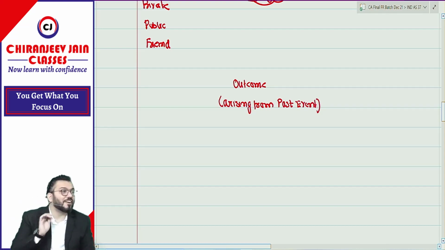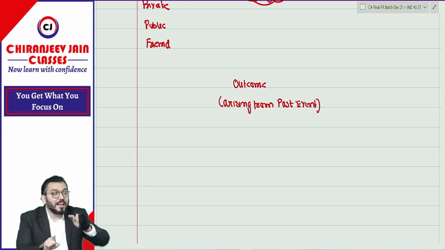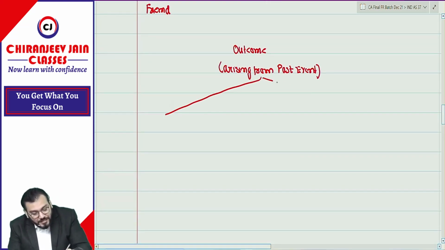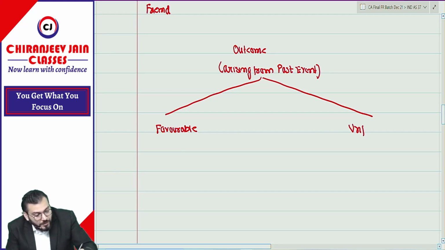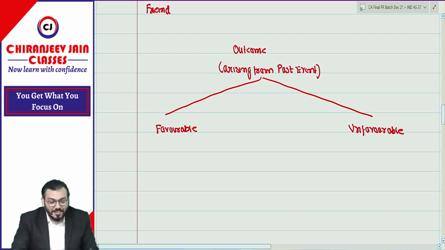The event has already occurred. Because of that event which has already occurred, there is some condition existing on the balance sheet date. The outcome arising from a past event can be either favorable or unfavorable. Means can I say it cannot be both. Either it will be favorable or unfavorable.